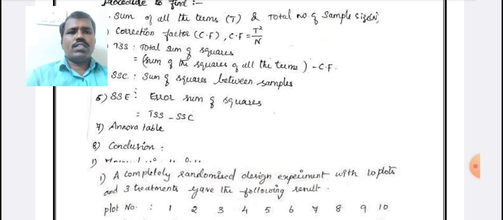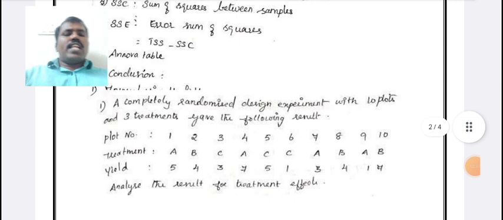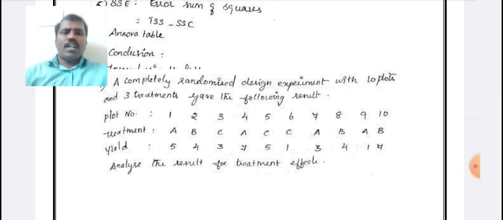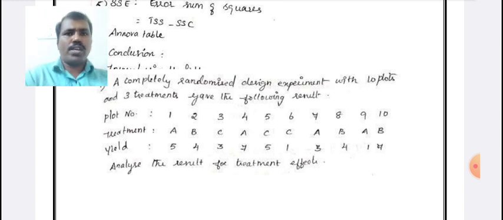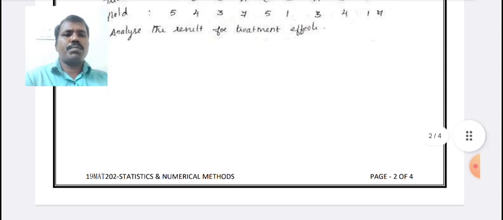Next, we are going to see the problem. A completely randomized design experiment with 10 plots and 3 treatments has the following result. Plot number, treatment and yields are given. Analyze the results for treatment effects.